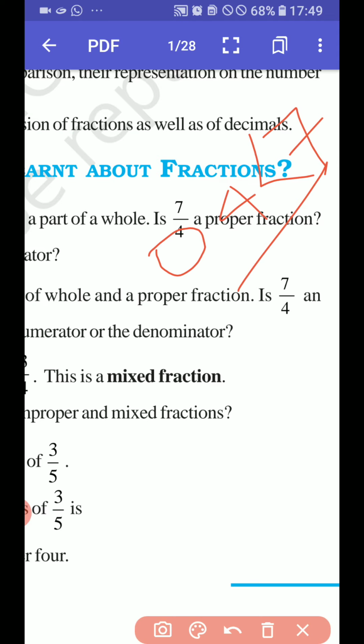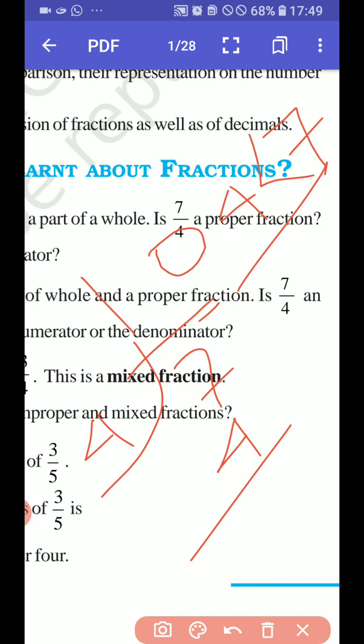We can say improper fraction is the combination of whole and proper fraction. How? Let us suppose you are dividing 7 by 4. 4 ones are 4, 7 minus 4 is 3.